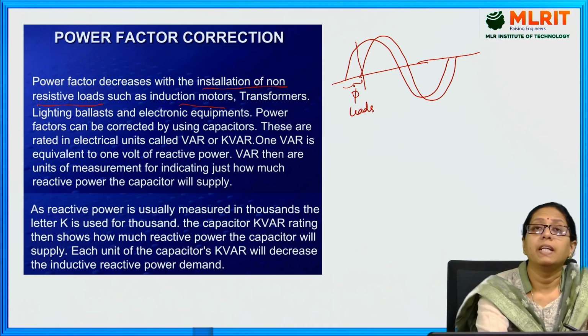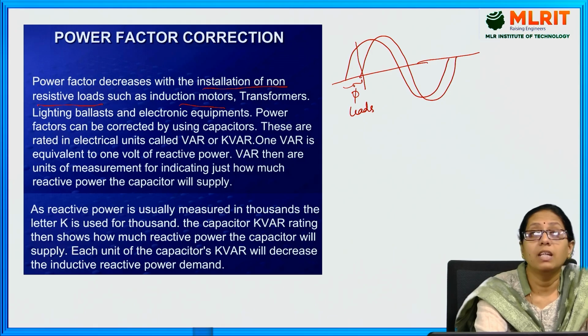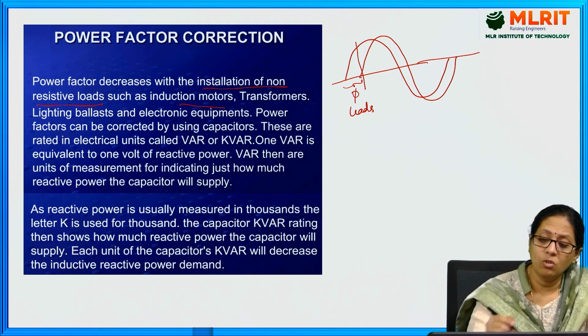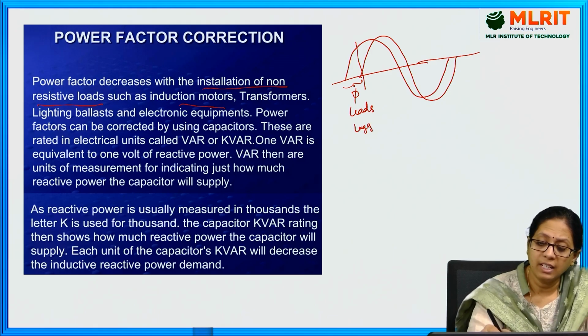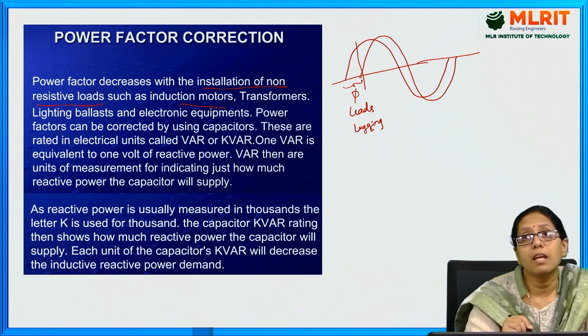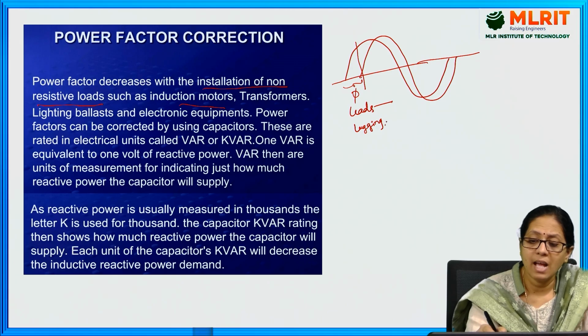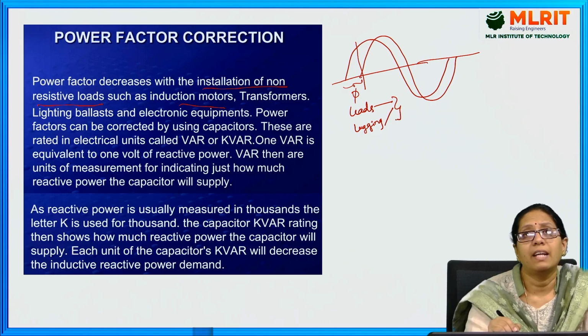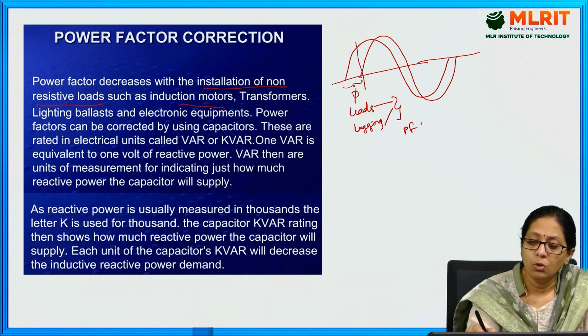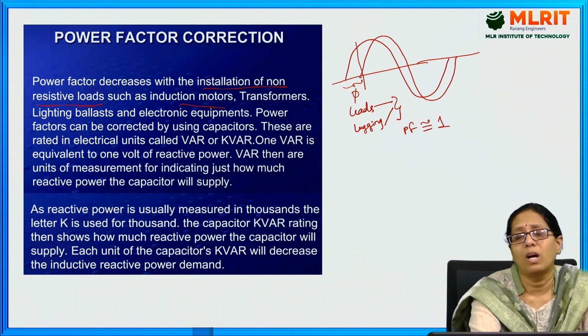So in an inductive load, where the current lags the voltage, that lagging is compensated by connecting a capacitor in parallel to it, so that this leading and this lagging combination makes the power factor almost equal to unity, that is 1.